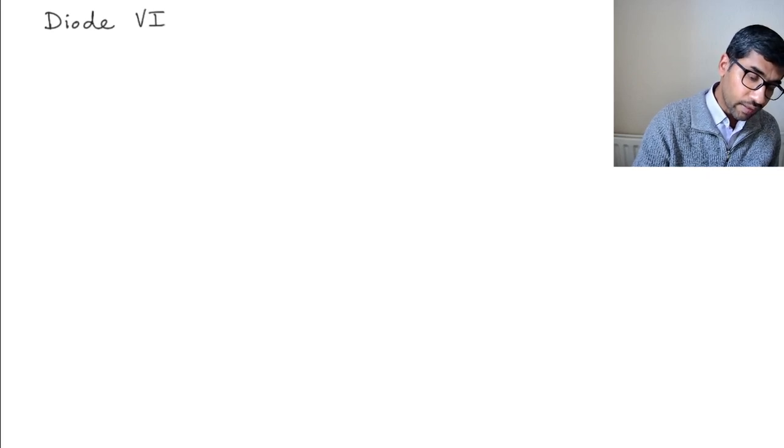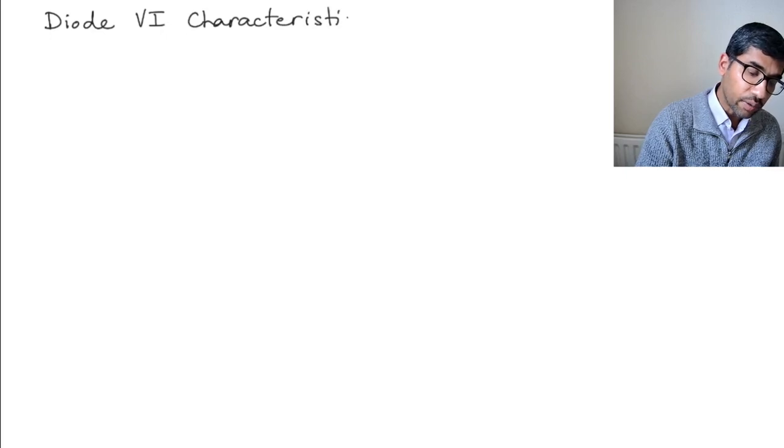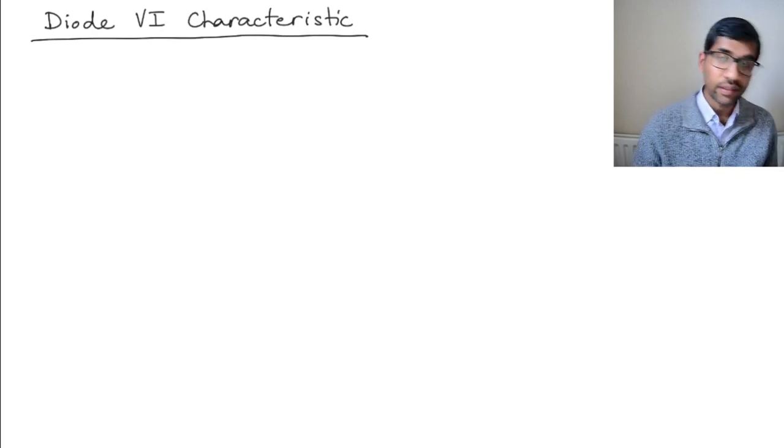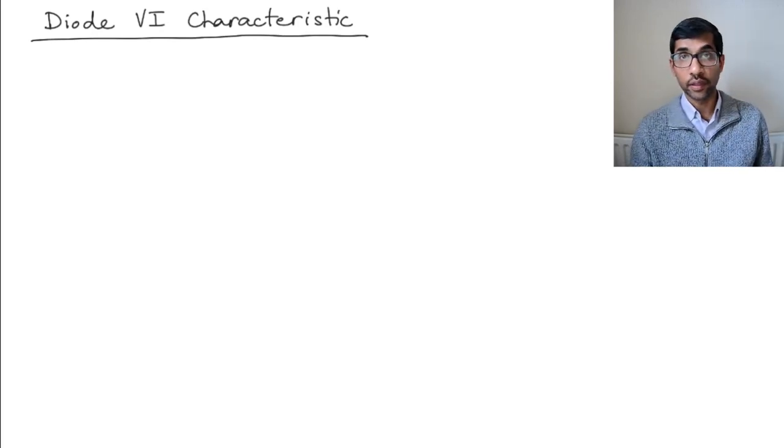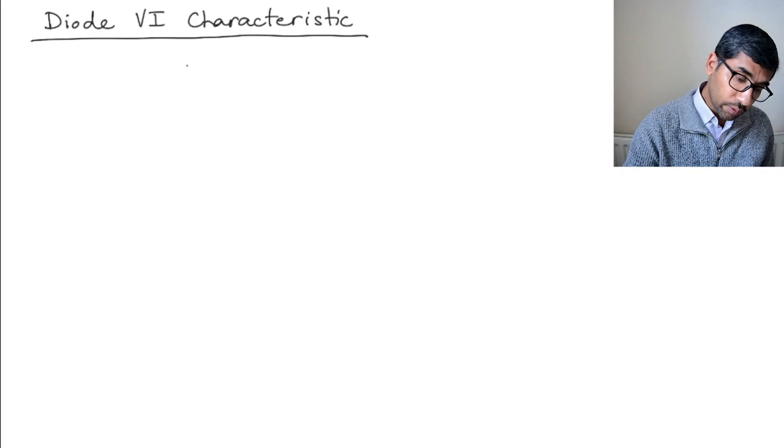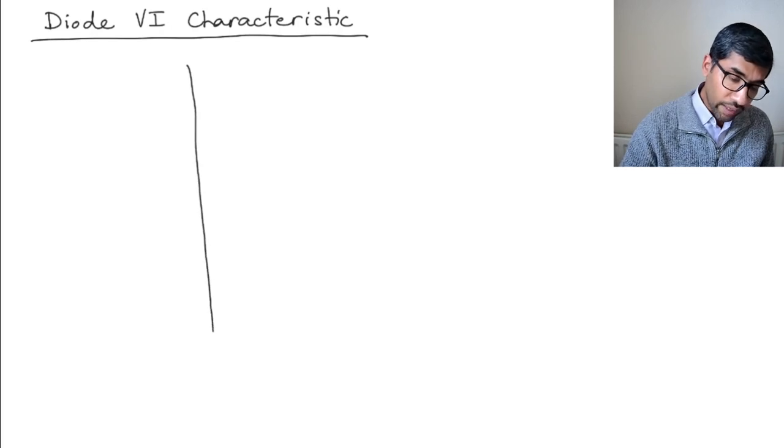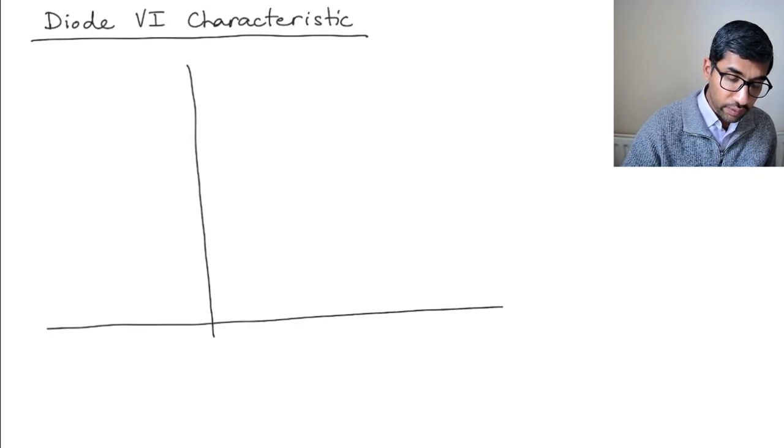And my guess is you already know what it would look like, right? Because you know the behavior of the diode for different voltages that we are applying to the diode. So here's what we are going to do. On the y-axis, let's put the current, and on the x-axis, let's put the voltage.